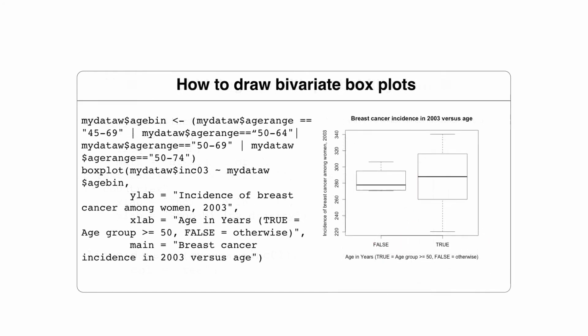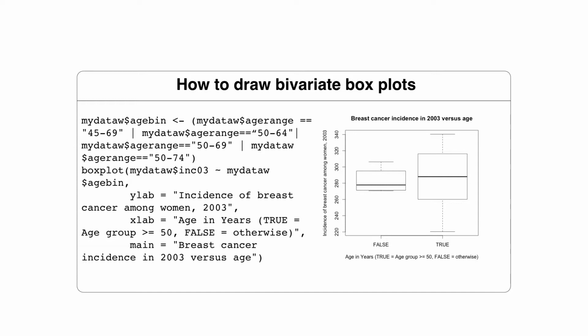Next, we're going to see how we can draw bivariate box plots. It is very useful if you know how to draw a univariate box plot. In a univariate box plot, you can just issue a command of a box plot and it's going to draw you one.